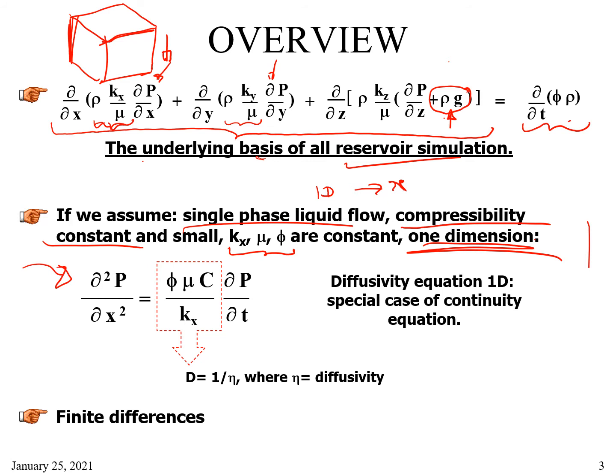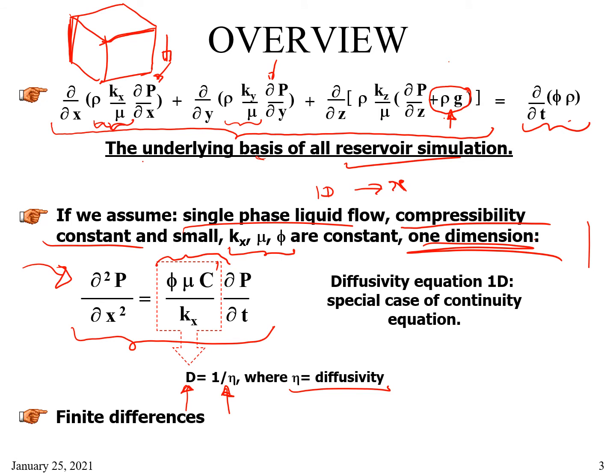For simplicity in notation, we can assume all of these terms are referred to as D, which is 1 over eta, and that's diffusivity. This is just for simplicity. You can choose to keep writing this term every time. But this is your diffusivity equation, which we use in well testing pressure transient analysis.